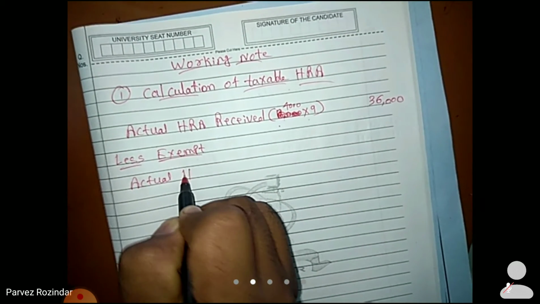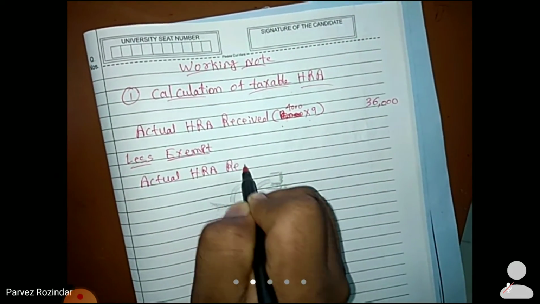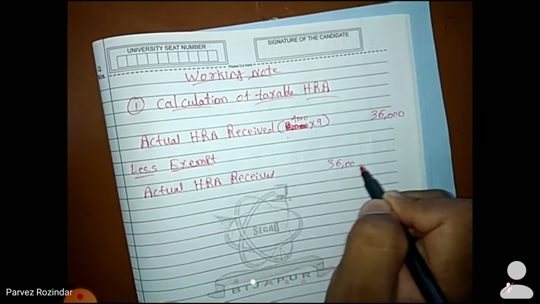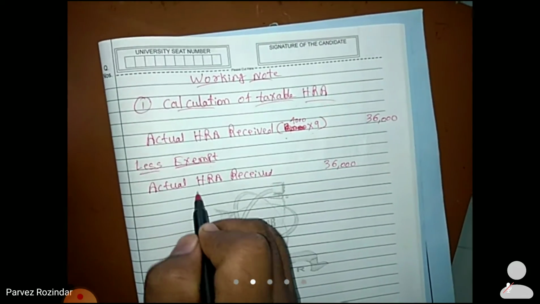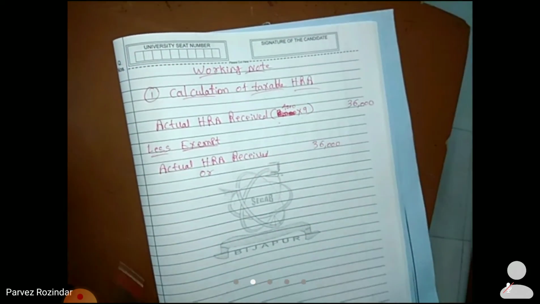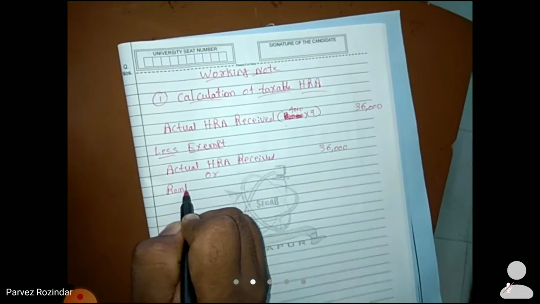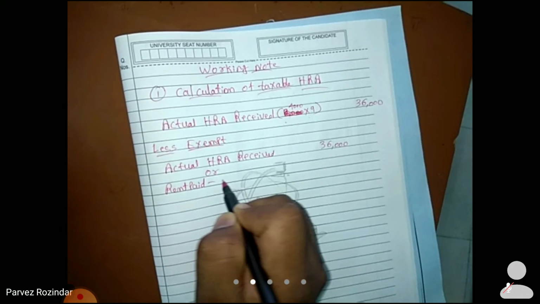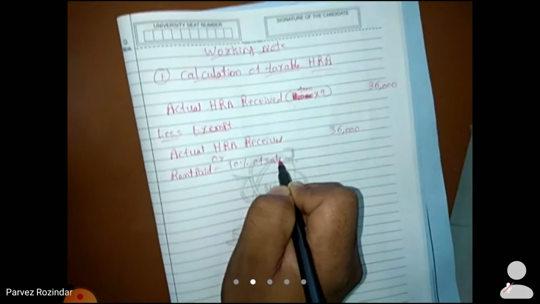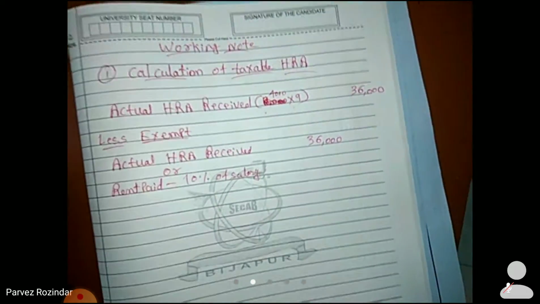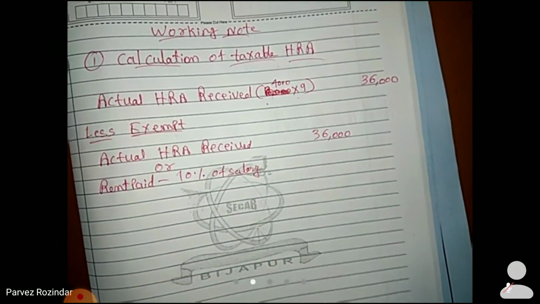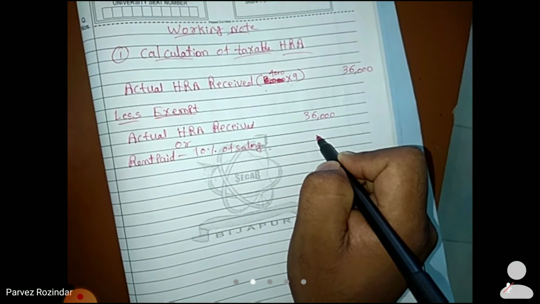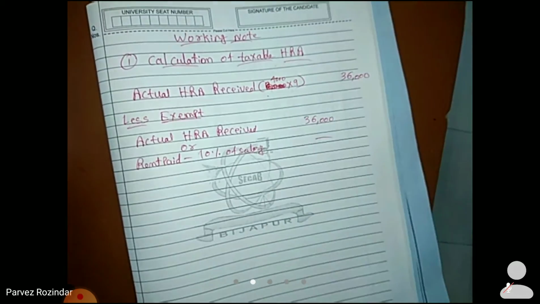Under this, actual HRA received 36,000, or rent paid minus 10% of salary. Here he has not paid rent, so it is dash.